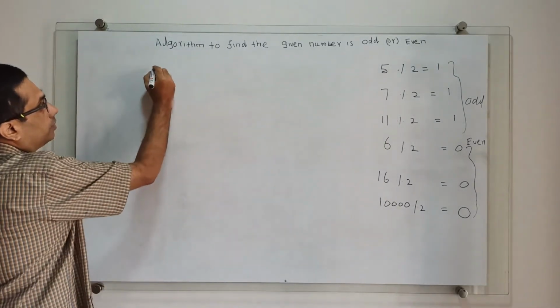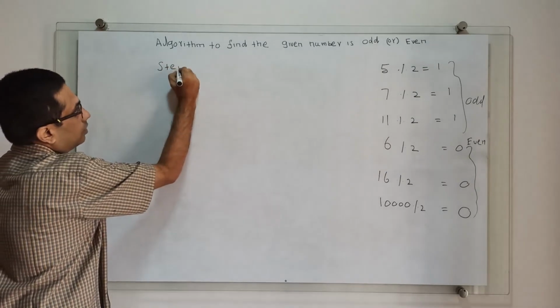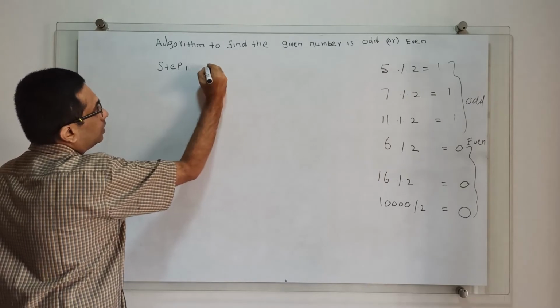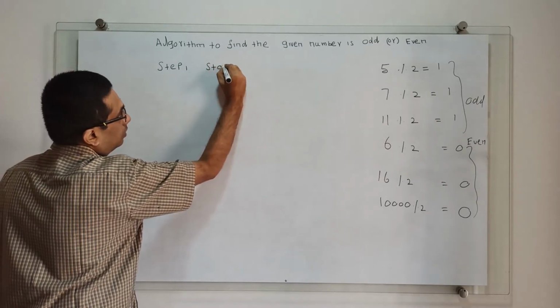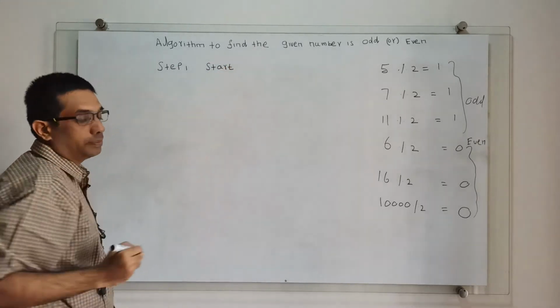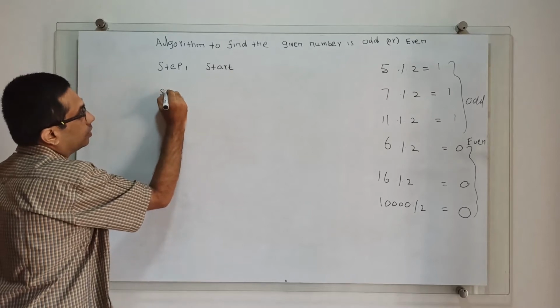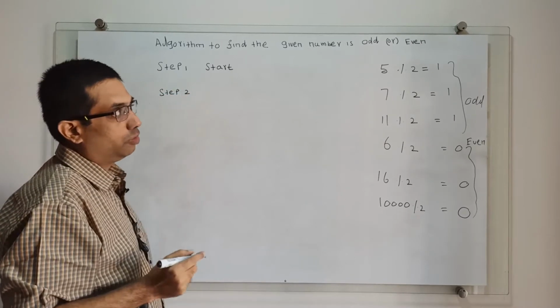Step 1, the algorithm starts. Step 2, we have to get the value for a number.